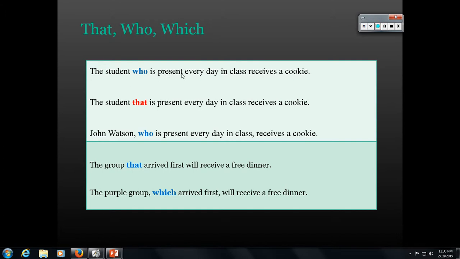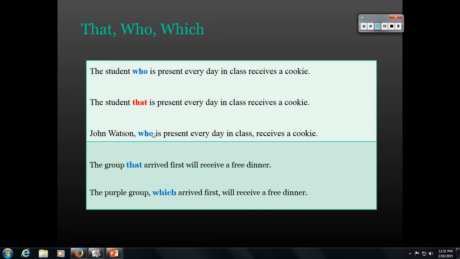This is another example of the same clause, who is present every day in class, but in this case we need to know why the student receives a cookie. So it is essential. It is a criteria for receiving a cookie. So this is an essential element, and as such it is not offset with commas. Okay, so that's essential versus non-essential.